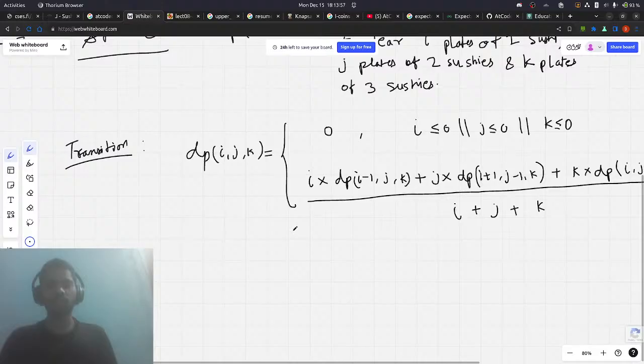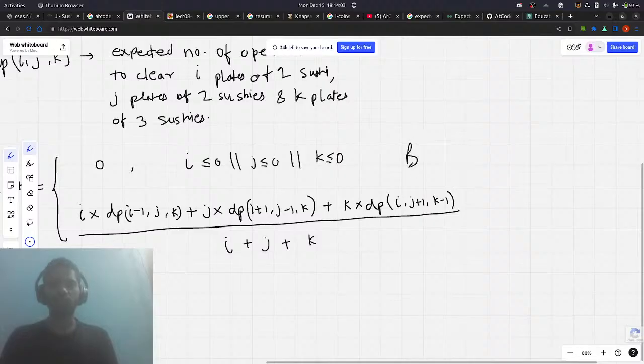Okay, the base case is here only, right? This is our base case.